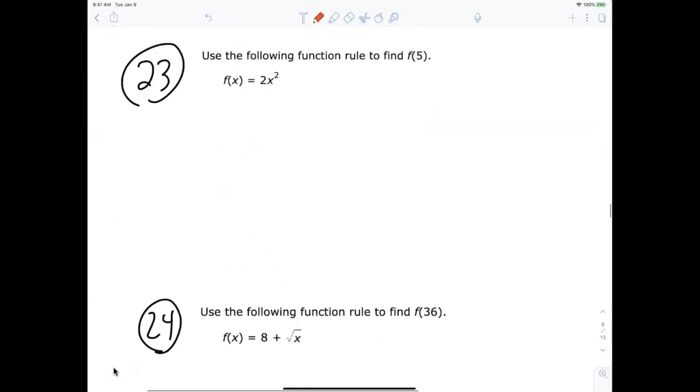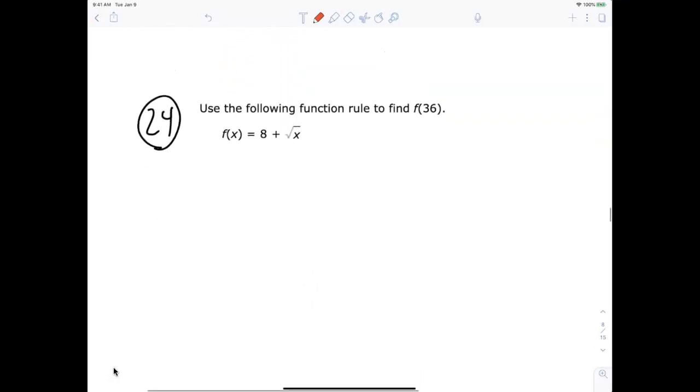Now we're practicing order of operations. f of 5 is equal to 2 times 5 squared. f of 5 is equal to 2 times 25. So f of 5 equals 50. (5, 50) is on the graph.